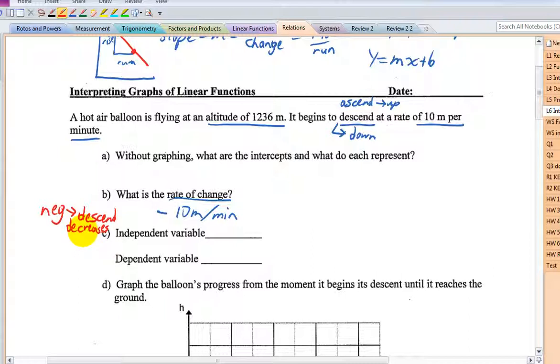Now, without graphing, what are the intercepts? Well, one of them, we have the altitude of 1236. That's the beginning altitude.